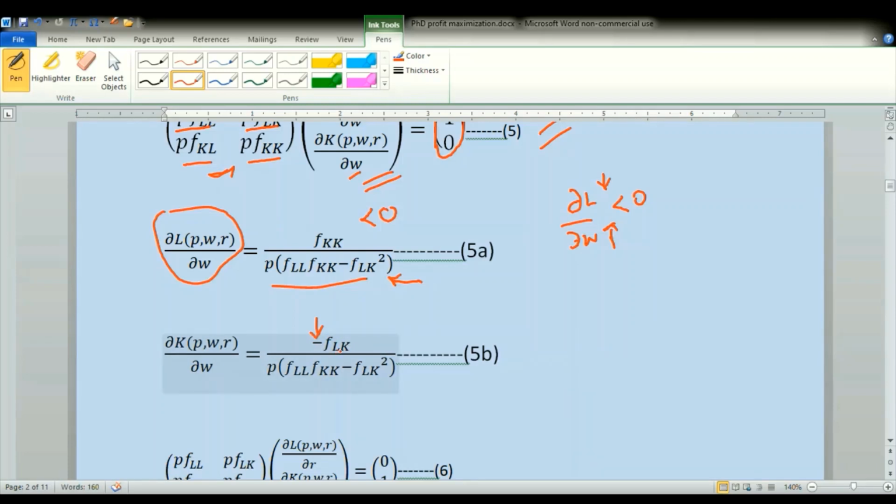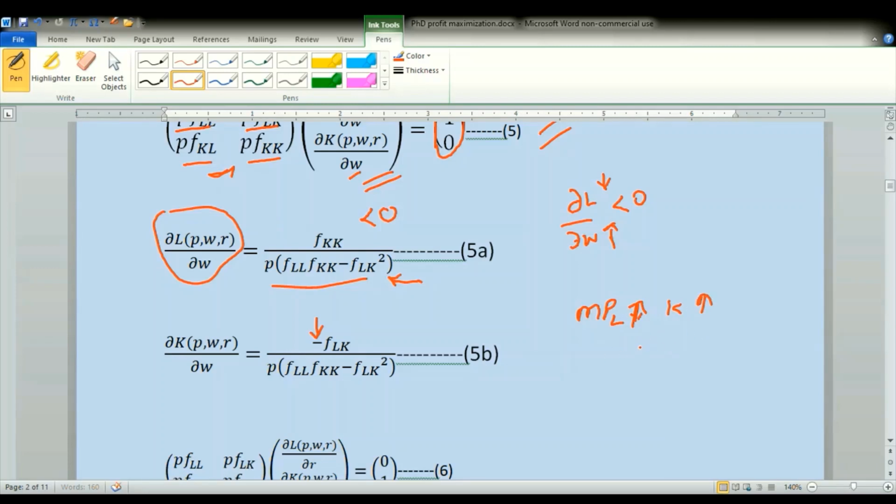F of LK is like saying what is going to happen to the marginal product of labor when capital increases. One understanding is that when capital increases, the availability of capital per unit of labor increases, and so the marginal product of labor increases with the increase in capital.